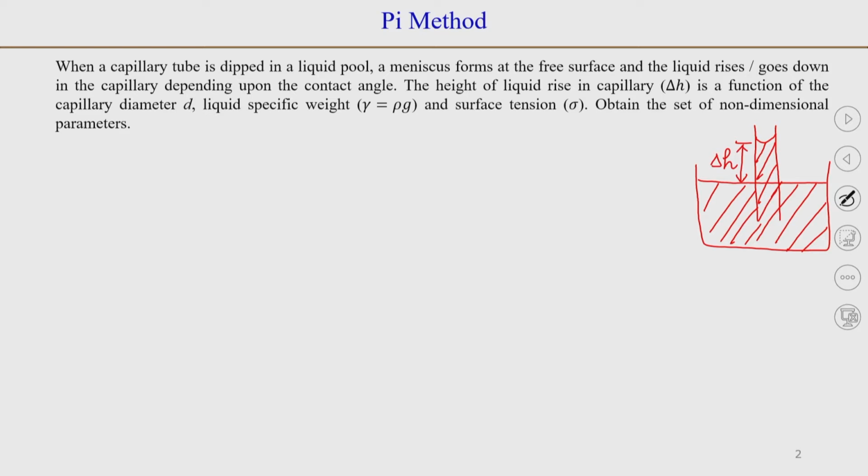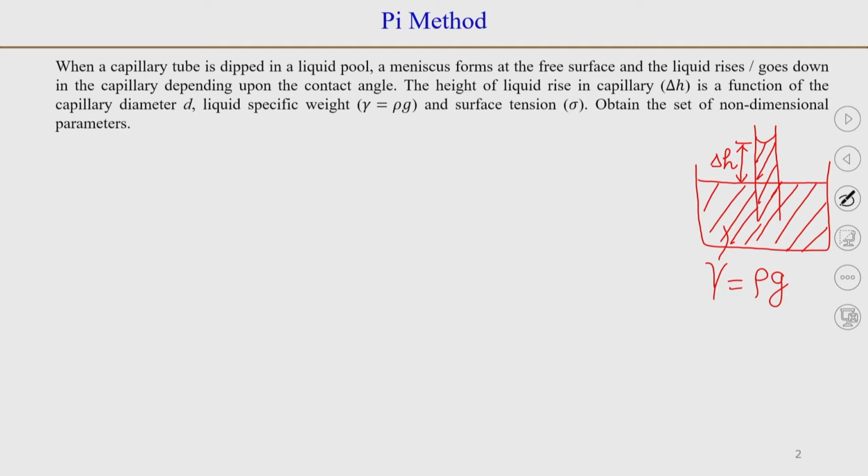The specific weight of this liquid, gamma, is basically a product of the density of the fluid and acceleration due to gravity.